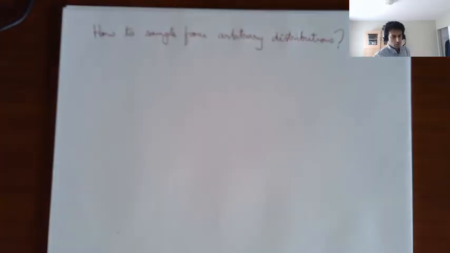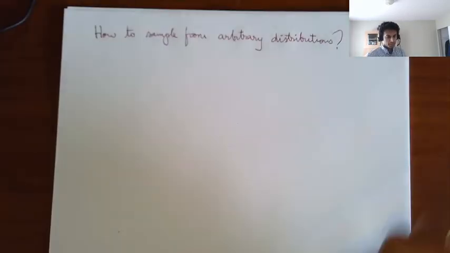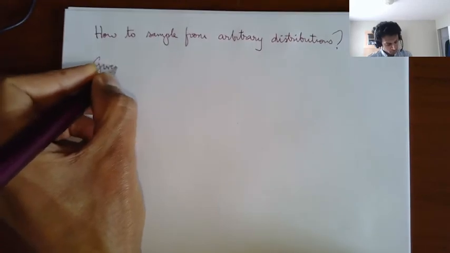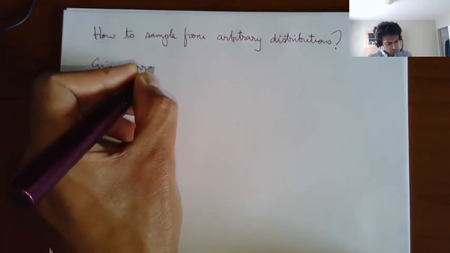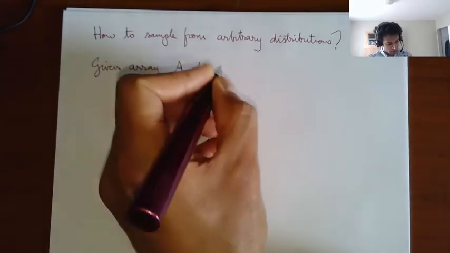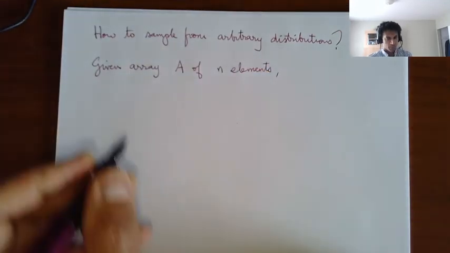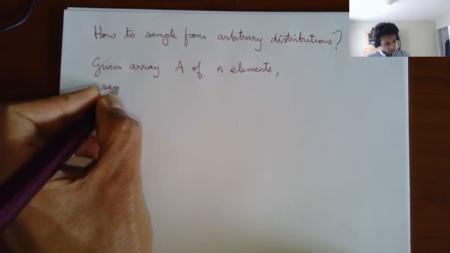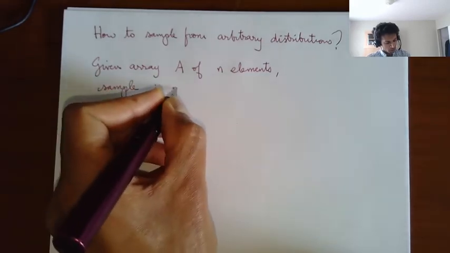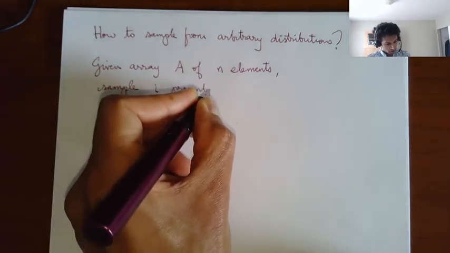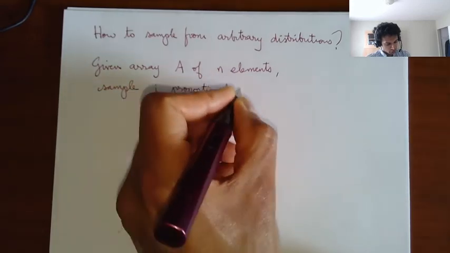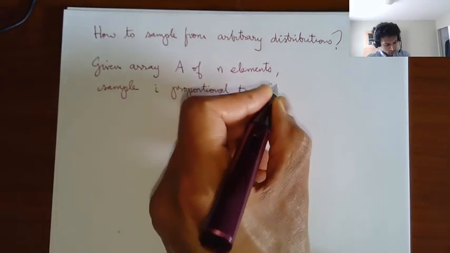So what's the setup? Given an array A of n elements, sample i proportional to A of i.